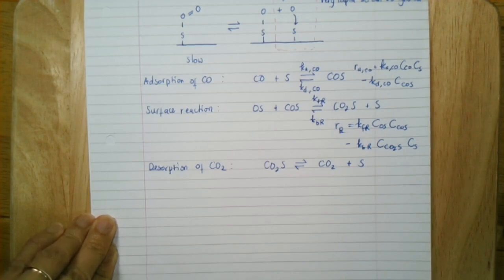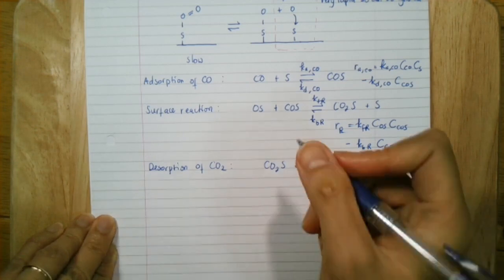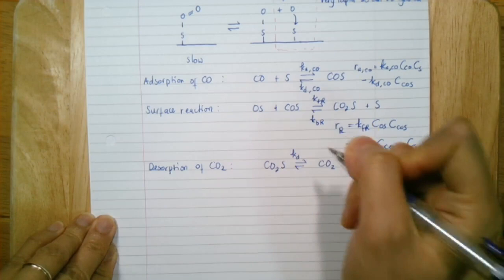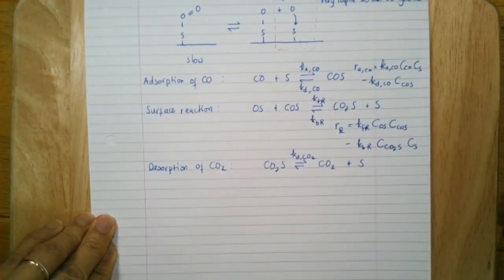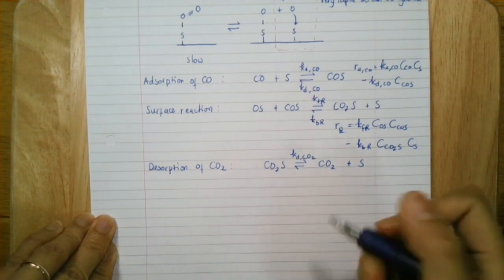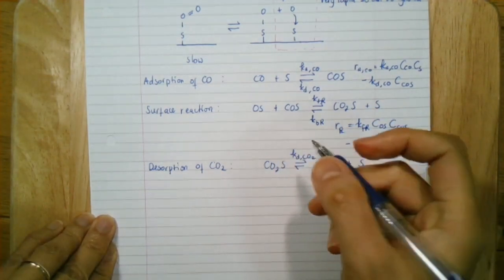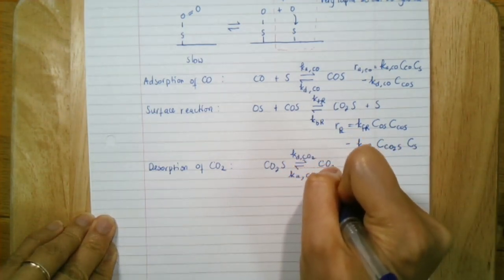Let's write the rate constants. The forward step is desorption, so we write the rate constant of the desorption of CO2, and the backward step is adsorption of CO2, so we write K adsorption of CO2.